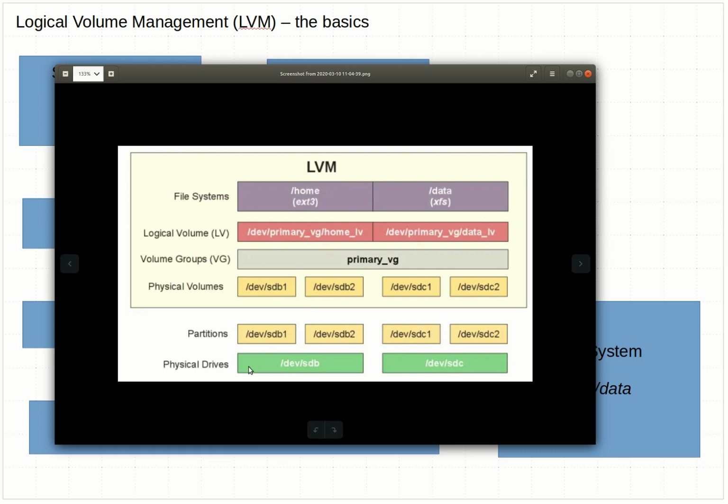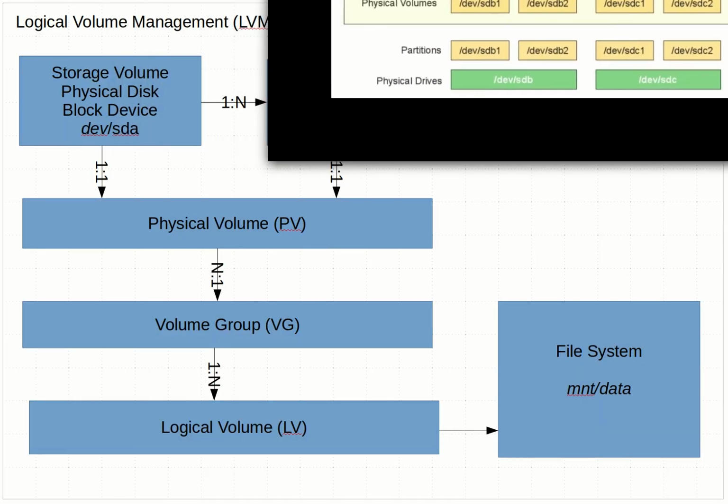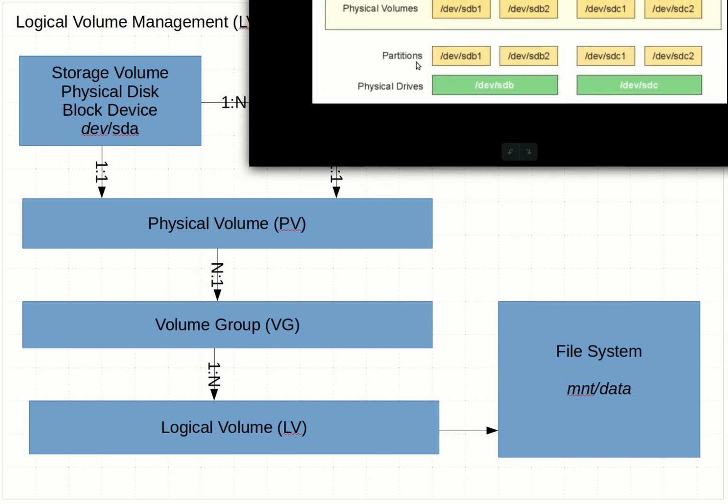Here you see there are two physical drives, sdb and sdc. Both drives have two partitions, sdb1 and 2, and sdc1 and 2, and they are used to create physical volumes.